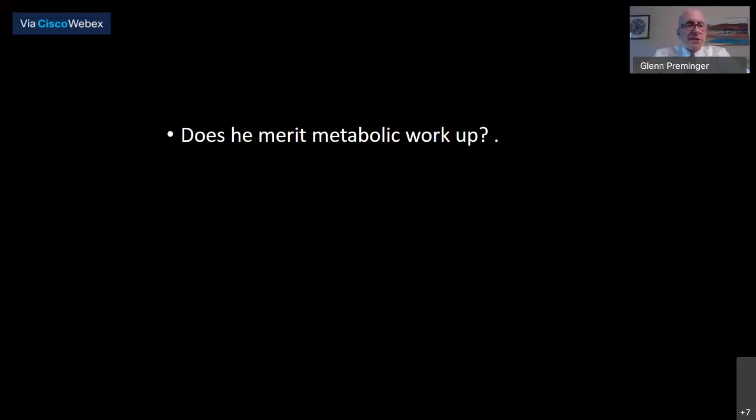Now, this guy had at least 2 stones, and a very large stone, and he needed percutaneous stone removal. So I think that this would be an individual who, while we can't perfectly predict his risk, doesn't have a family history, doesn't have other associated medical problems.